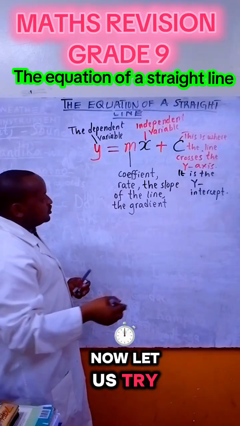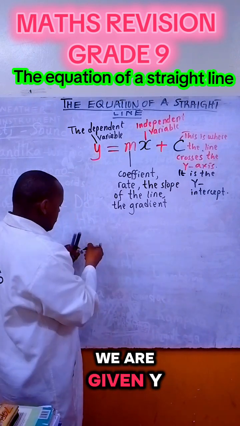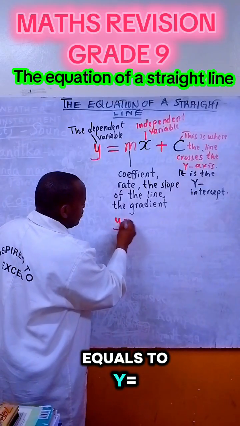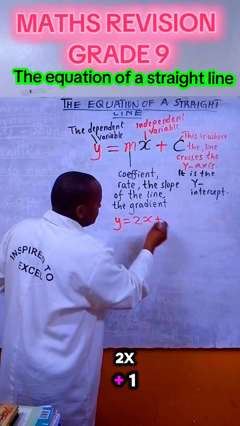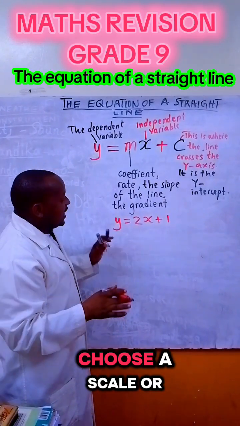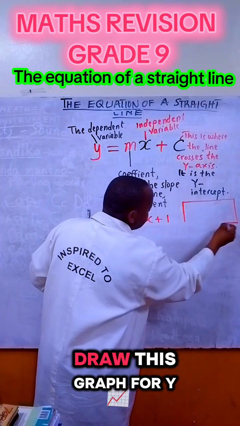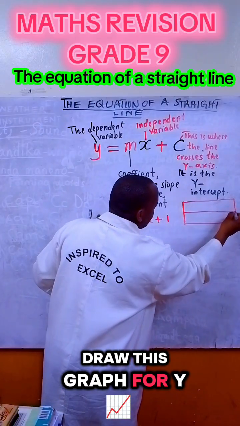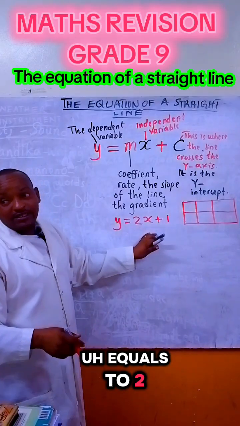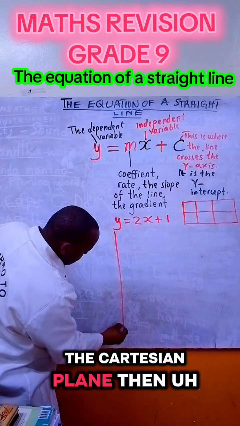Now, let us try to do one. For example, we are given y equals 2x plus 1. First of all, you draw the table. We want to draw this graph for y equals 2x plus 1. First we have the Cartesian plane.